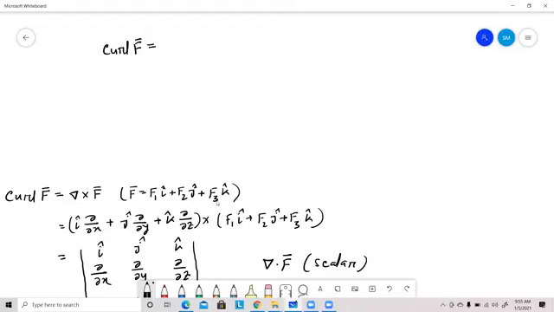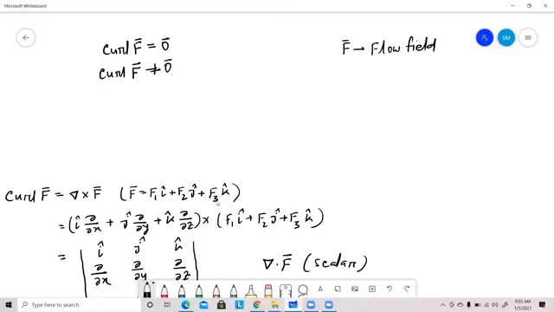If f denotes the flow field, what will happen when curl of f equals 0 and when it is not equal to 0?